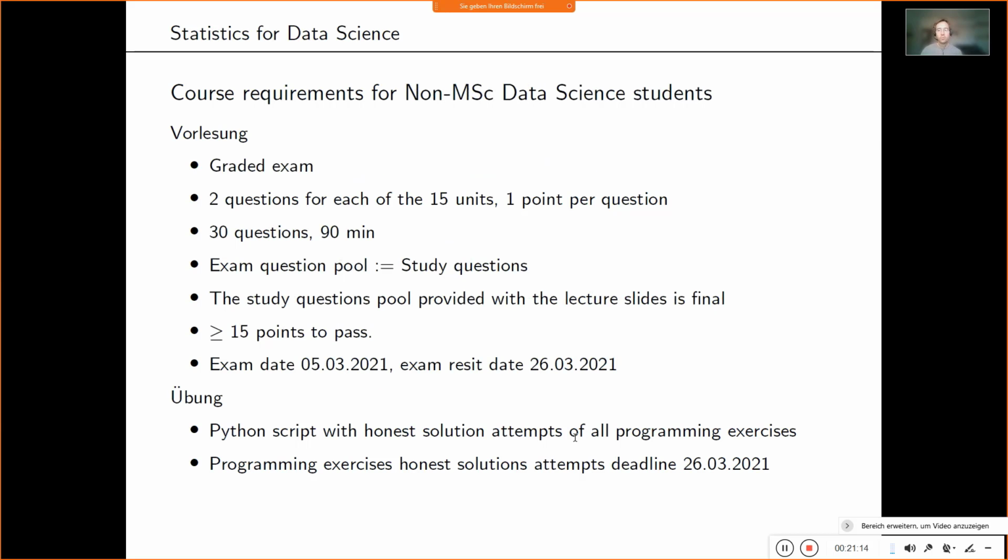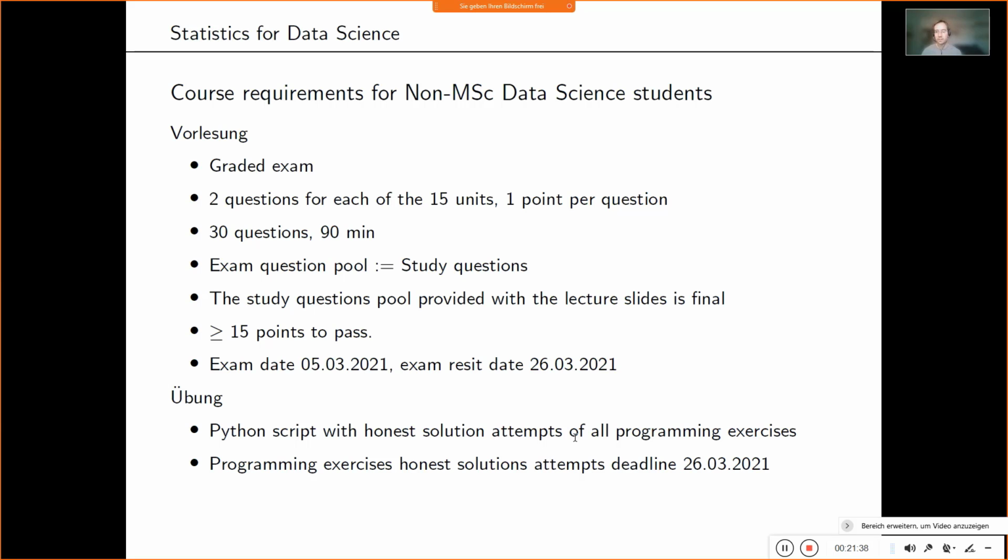For those people who are not data science students and who take part in this course, you're very welcome to take part in the course. Most of you will need a grade, so you will have a graded exam. So it's not pass or fail, but of course you can also fail if you have less than 15 points. It's the same exam as the data students will get.